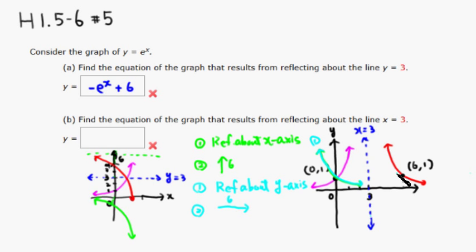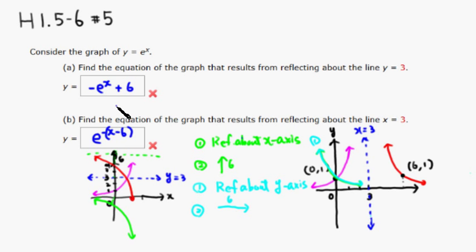We can do that by taking the exponential function and applying reflection about the y-axis, so it's going to be negative x. Then we want to shift it to the right 6 units, so you have to do minus 6.